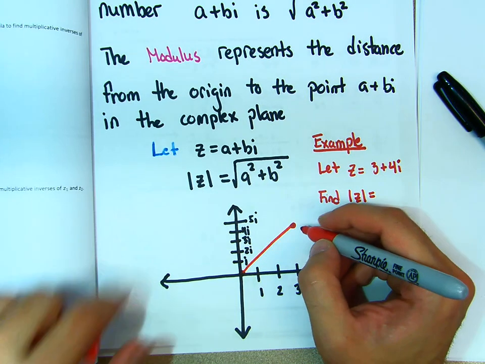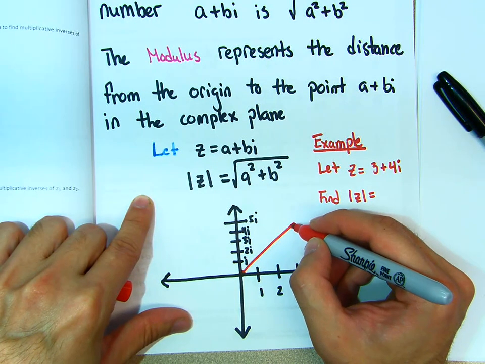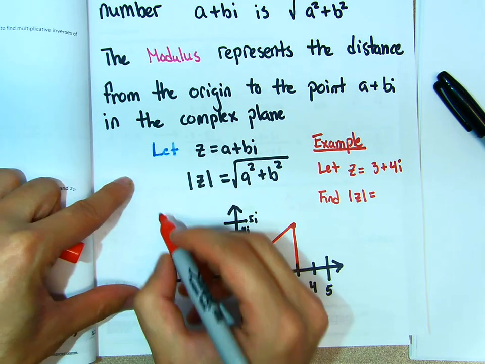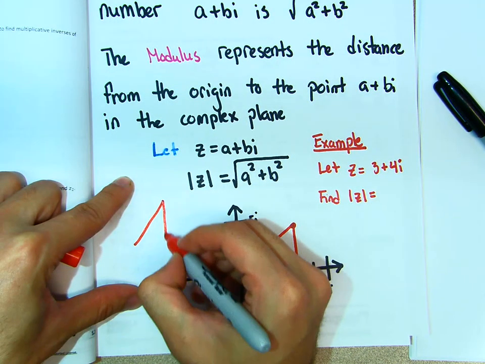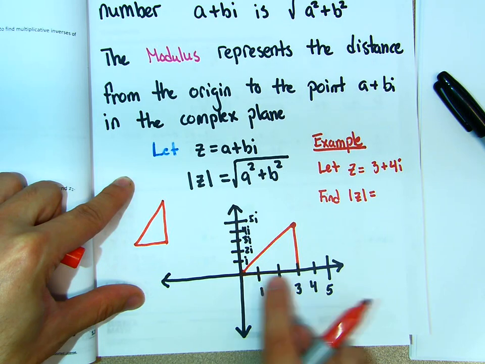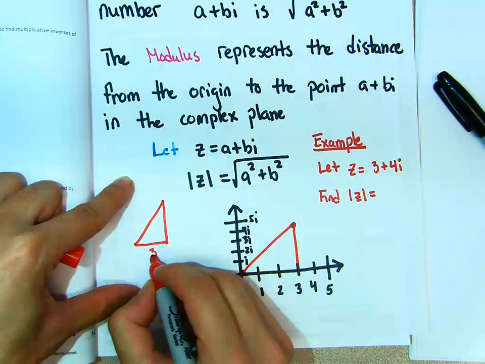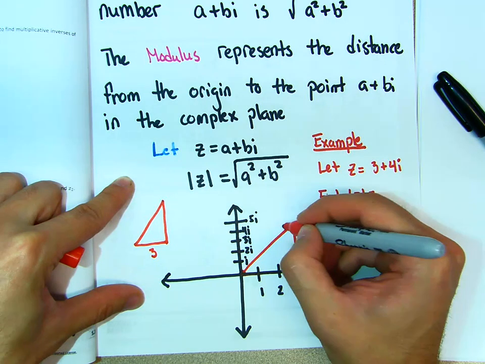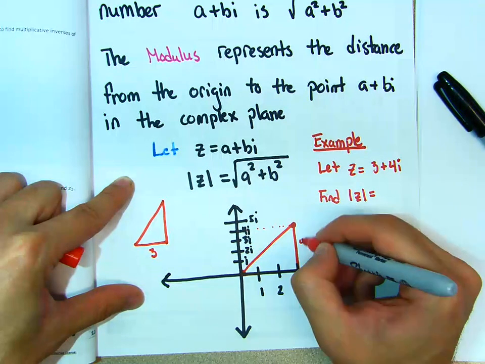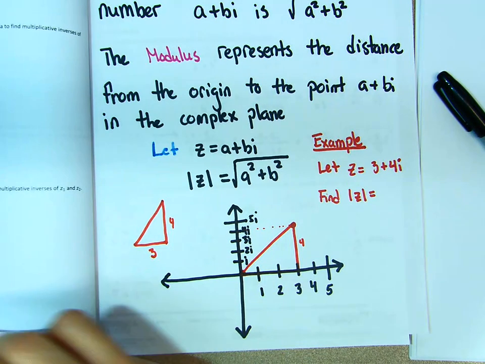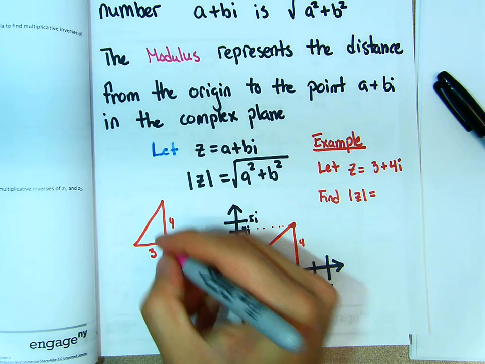Notice, we showed this before, but just to look at it again, you're making some sort of triangle. What is the distance from here to here? It's 3. What's the distance from here to here? It's 4.